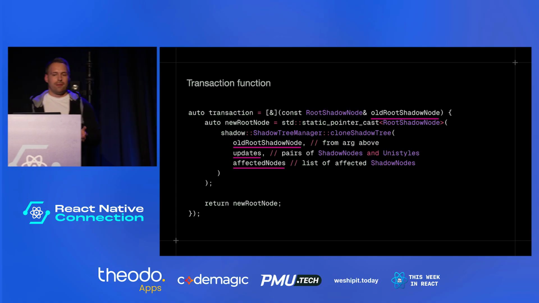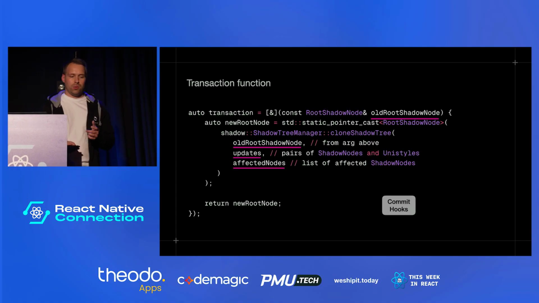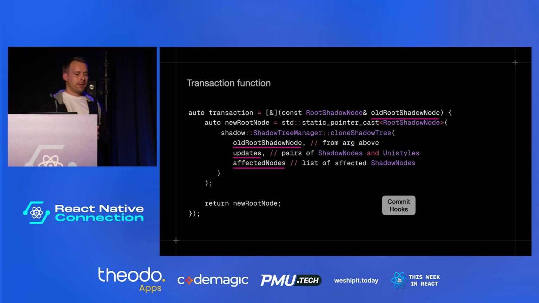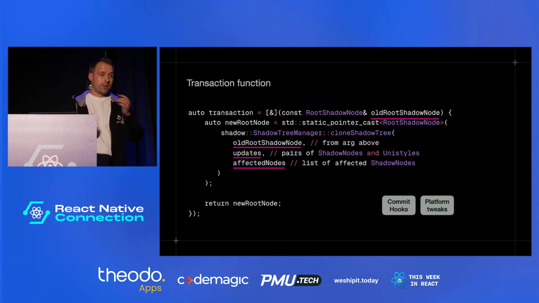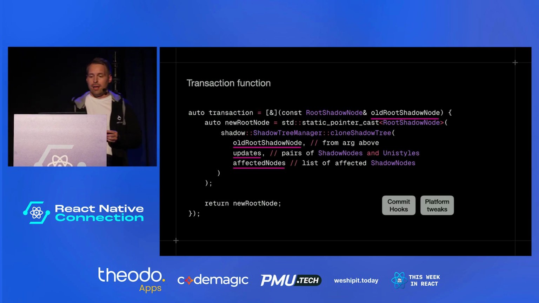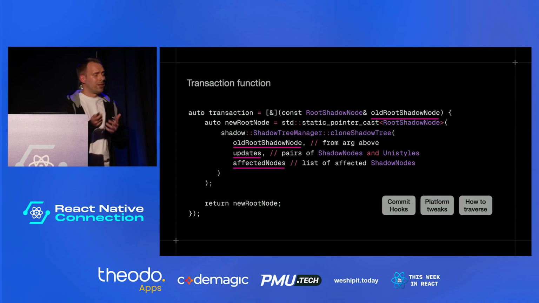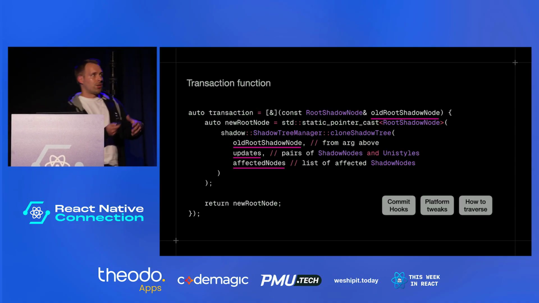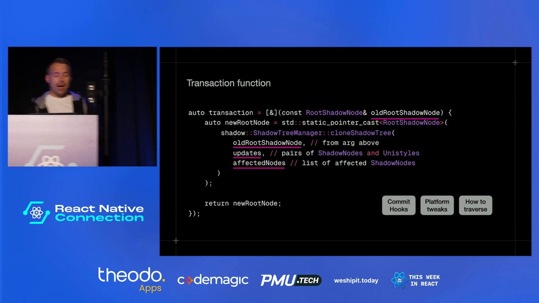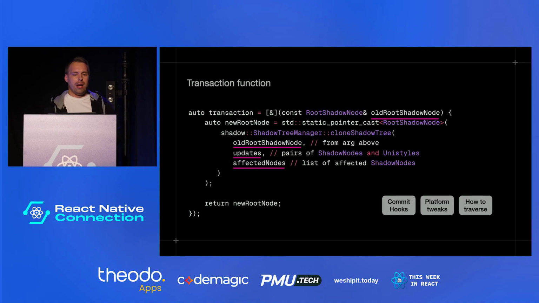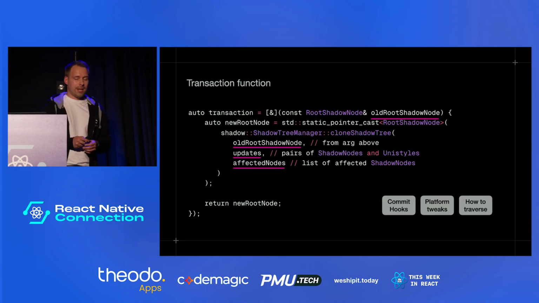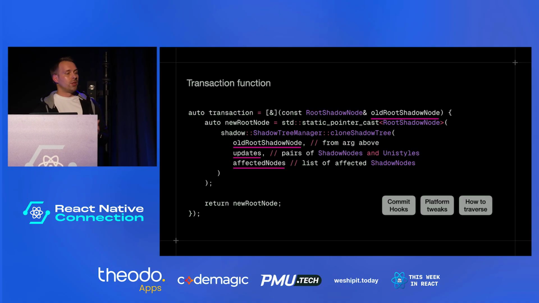Now, we don't have time today to dive deep into the shadow tree commits, commit hooks. So we have a mount hook, we have platform tweaks like for Android. You need to mutate shadow tree differently and how to traverse the shadow tree. But if you are interested in such topics, you can browse the Unistyles repository.